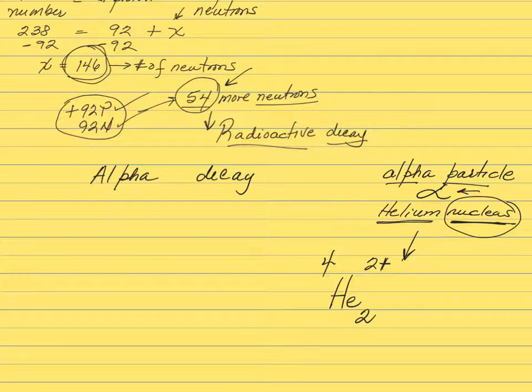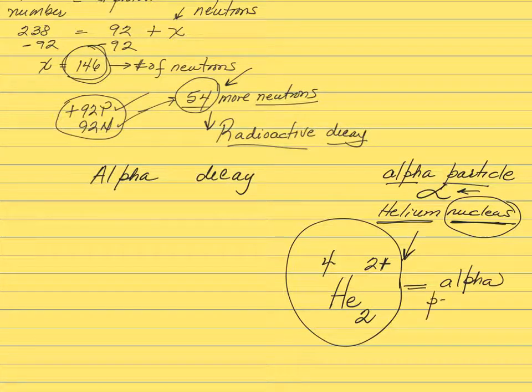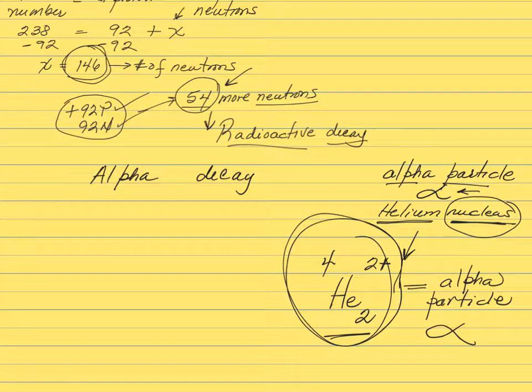If you don't have questions about this, you're not going to understand the nuclear equations. This is an alpha particle. It can be written using this notation or the Greek letter alpha. No questions? Okay, I love this, because I'm going to use all of this against you.